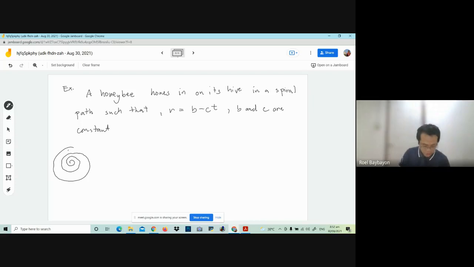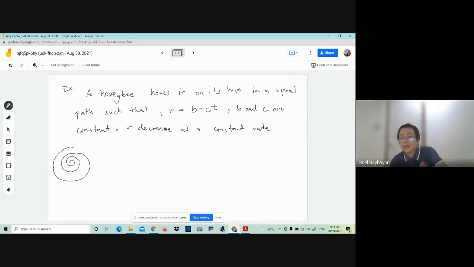The radial distance decreases at a constant rate. So take note of this, at a constant rate.